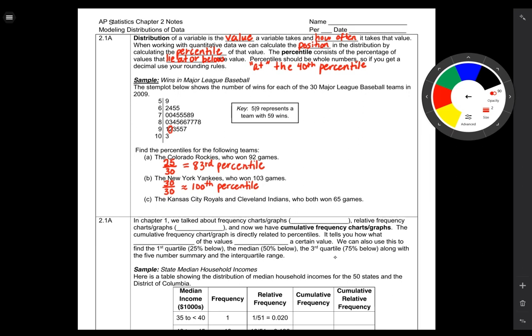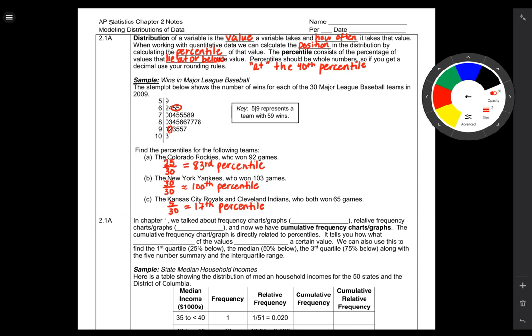If we find 65 games, there are 2 teams. Counting those 2 teams plus the 3 below it, that's 5 over 30, which is the 17th percentile. And that's how you calculate percentiles.